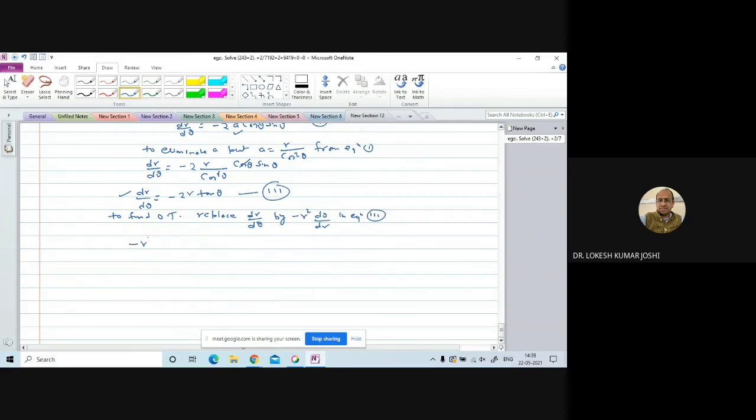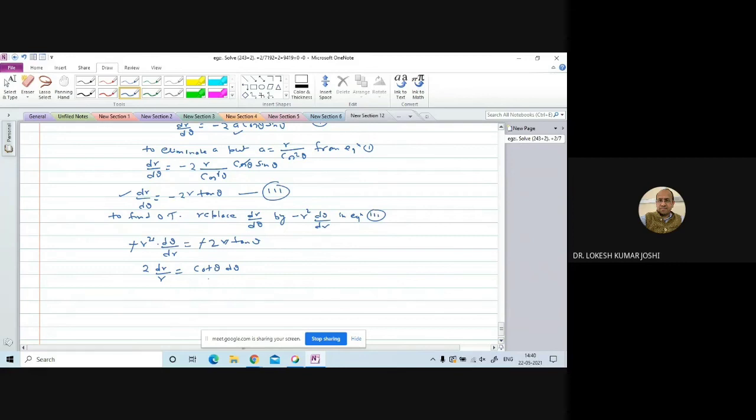It will become minus r square d theta/dr equals minus 2r tan theta. Minus minus cancel out, r cancels out, and if we see it carefully, 2 dr upon r equals cot theta d theta. Once again, it is a type of variable separable.